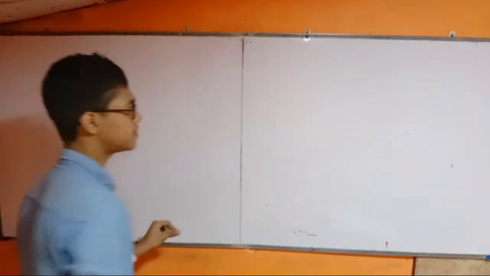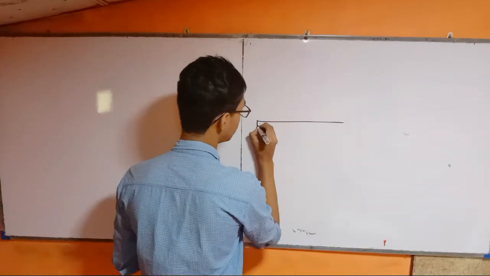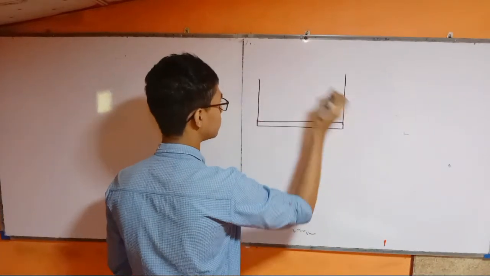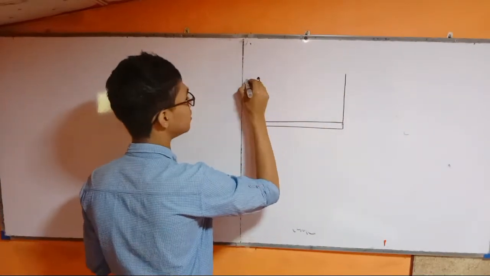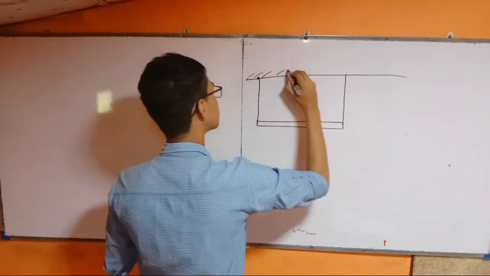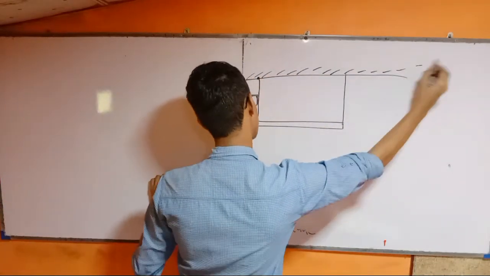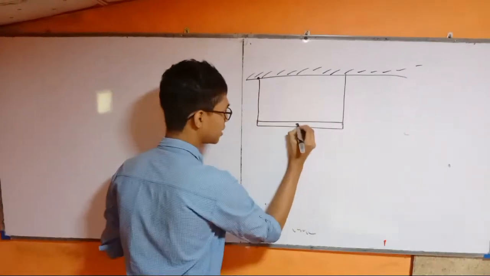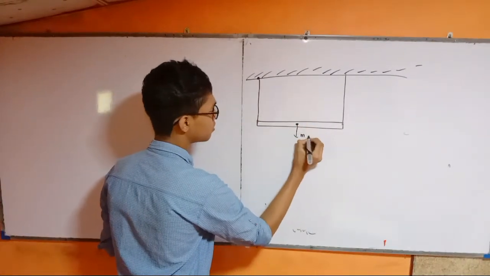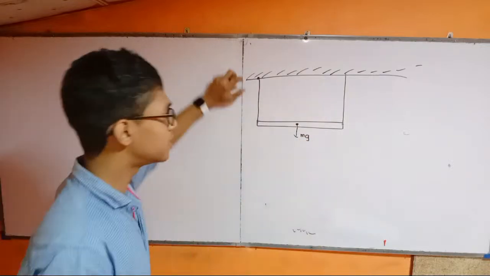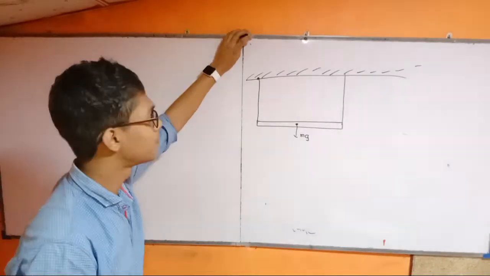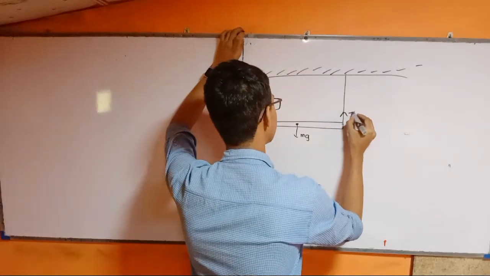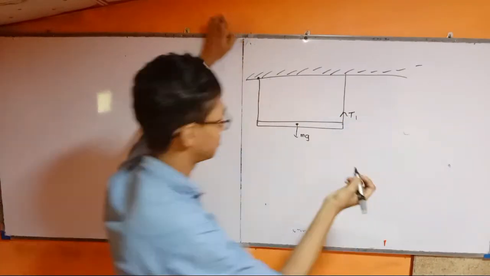Okay, let's see hanging a ruler from a string. How to mark forces? This is the roof, this is the ruler. Then the weight of the ruler is mg. Then what's the tension? Let's say the tensions are T1 and T2.